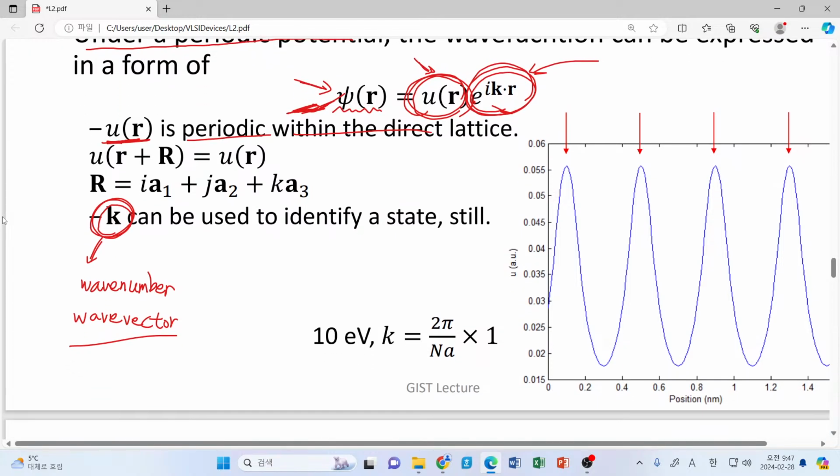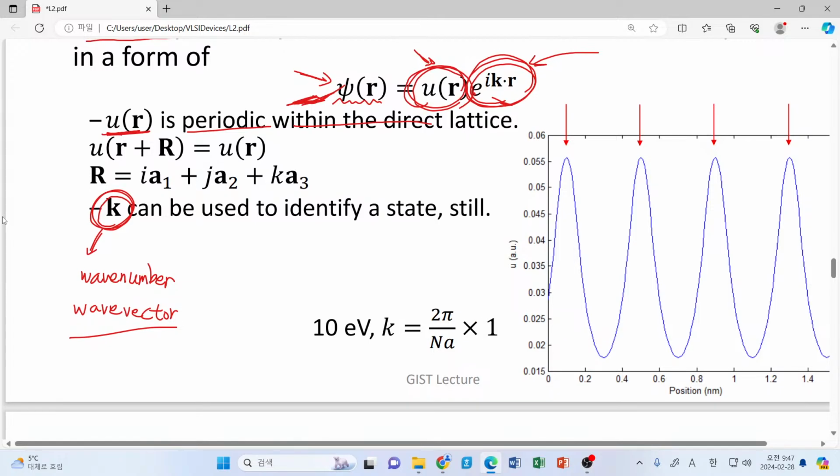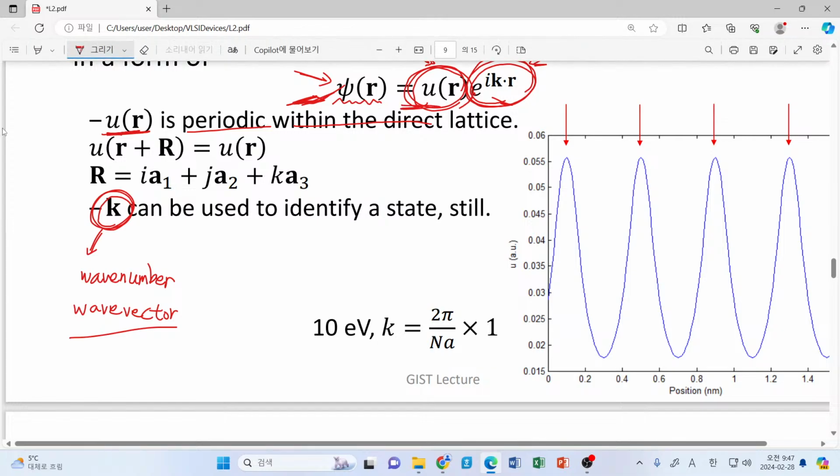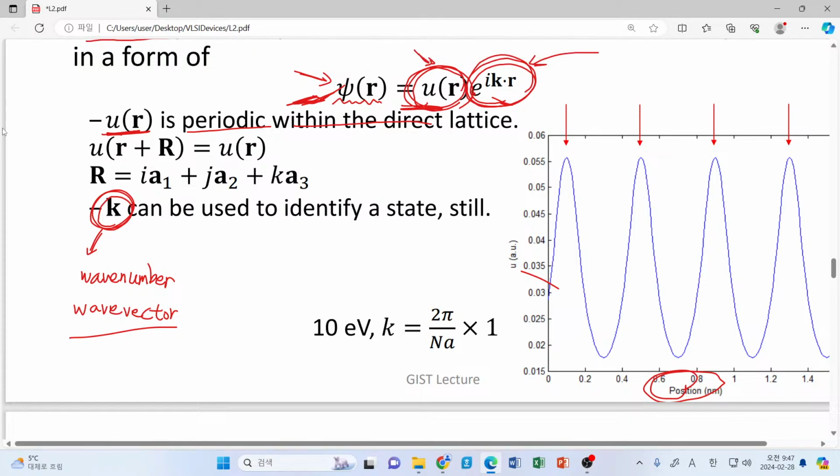And this right figure just shows an example of our u function, how the u function looks. I just calculated and drew it, and here we have the position. I drew only 4 unit cells, because if I drew all 40 unit cells, it would look so ugly and dingy.